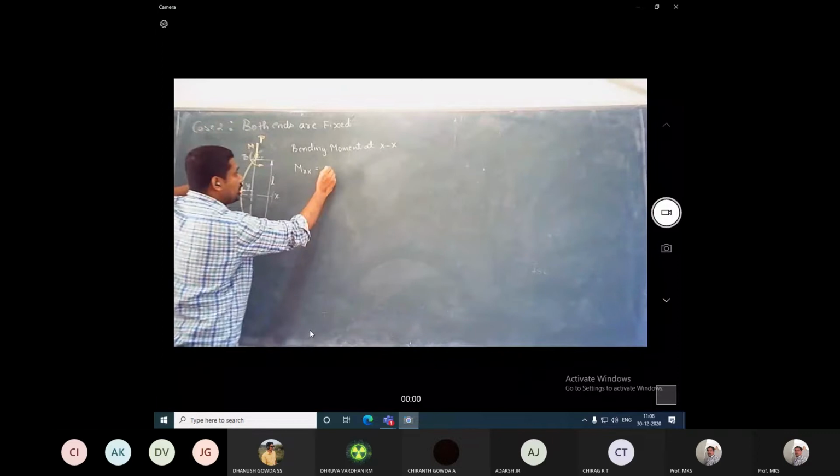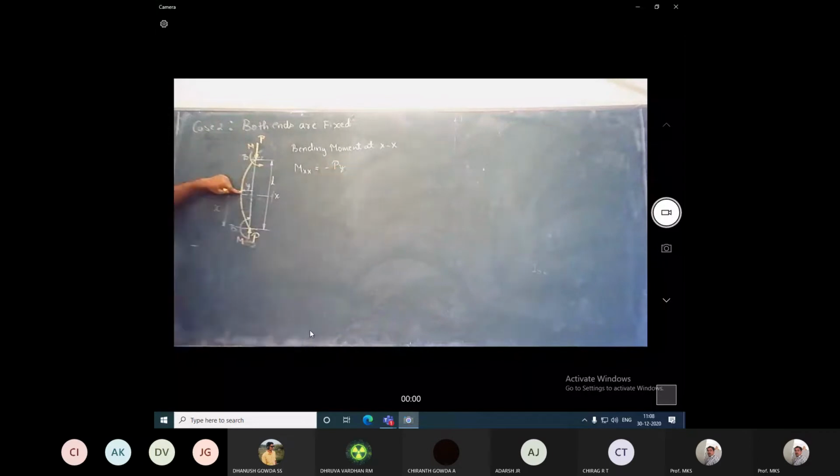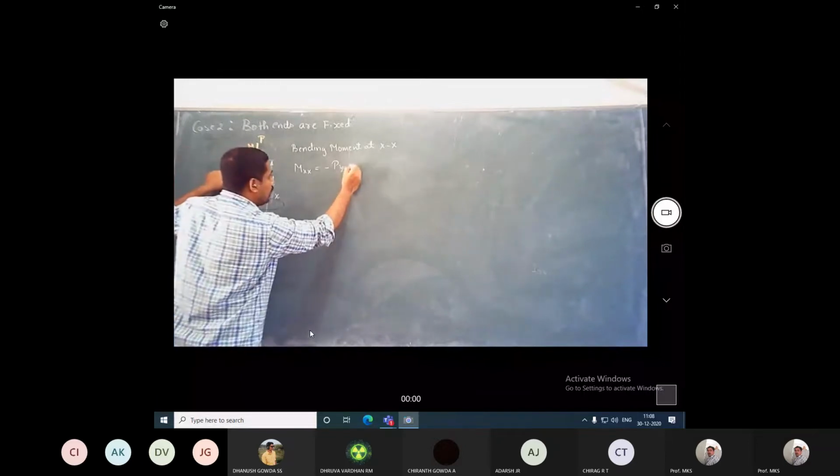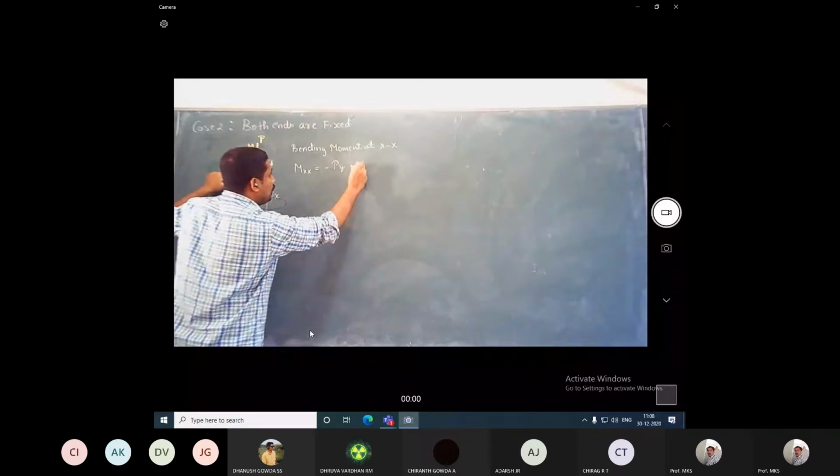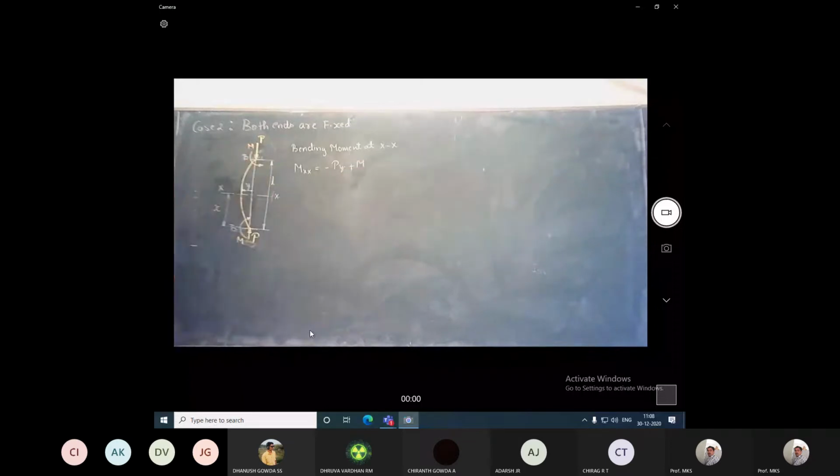So the moment is negative with respect to sign convention, minus P into y. And also there is a reaction moment M that you need to consider in the total moment at this section. It is going in the opposite direction, bending this beam in the reverse manner, so it is positive. That is, it creates sagging, so it is plus M. The total moment at this section XX is the moment due to the load and the moment due to the reaction.